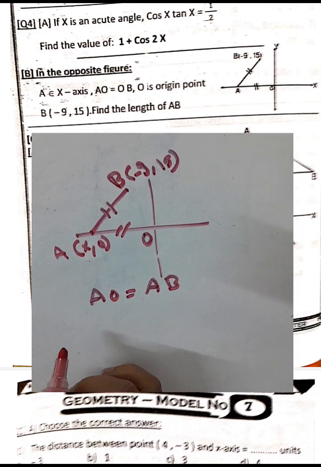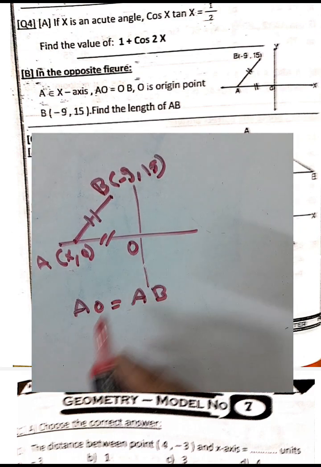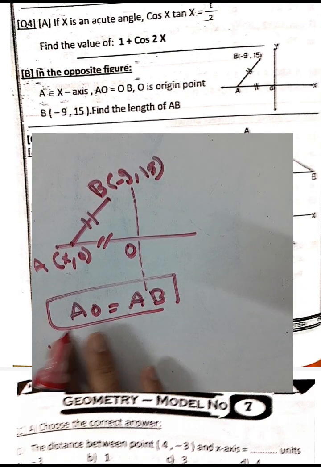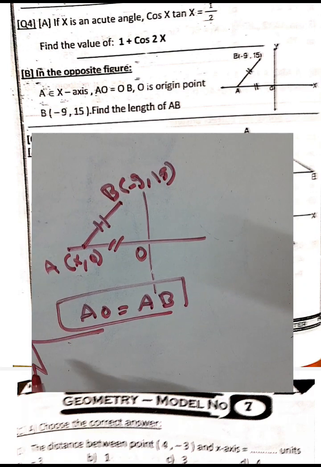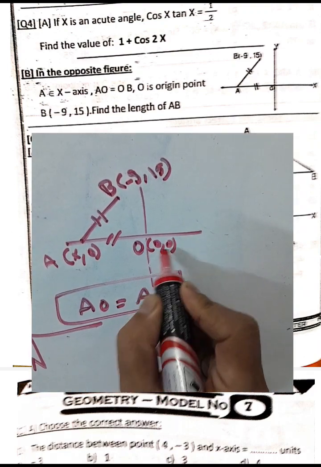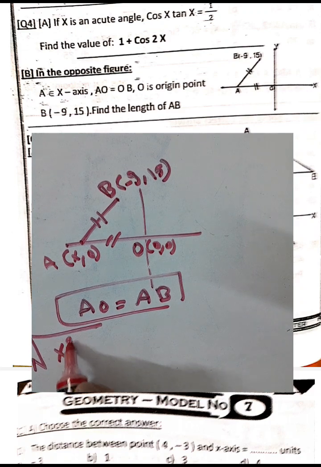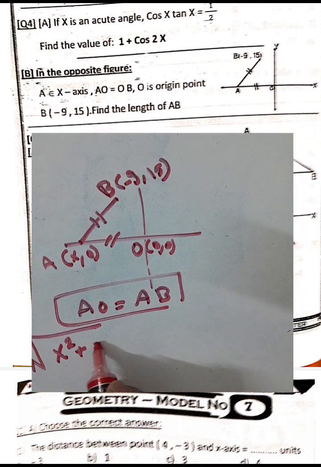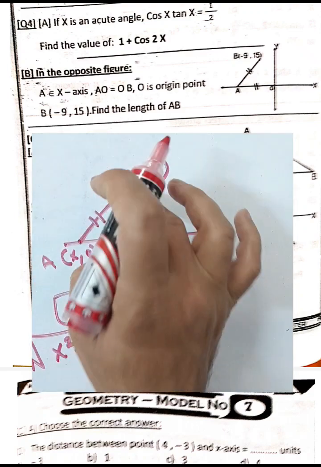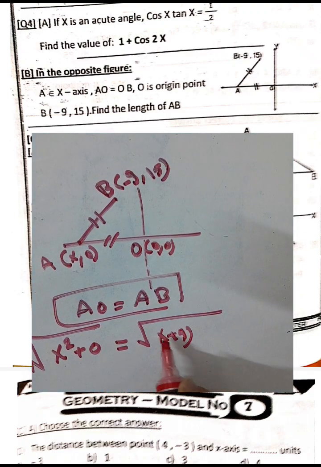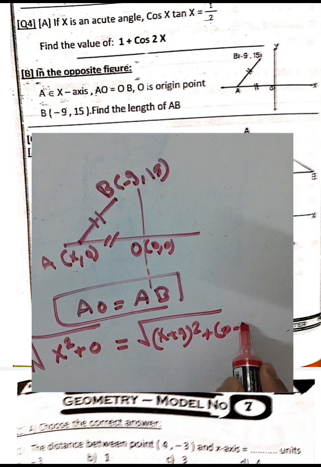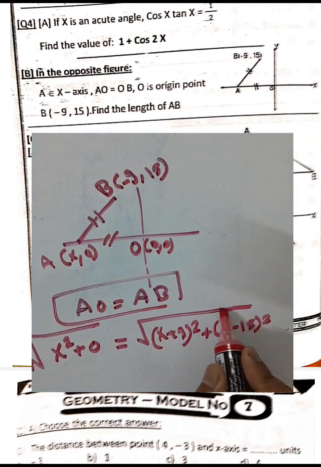Okay, you want to find the length of AP. We have OA or AO equal AP. Then we can use the rule about lengths. Square root of AO, here the origin point 0 and 0. X minus 0 will be x power 2, and 0 minus 0 equals 0 power 2 equals 0, equal to the square root of A and P. X minus (-9) will be x plus 9 power 2, and 0 minus 15 power 2.